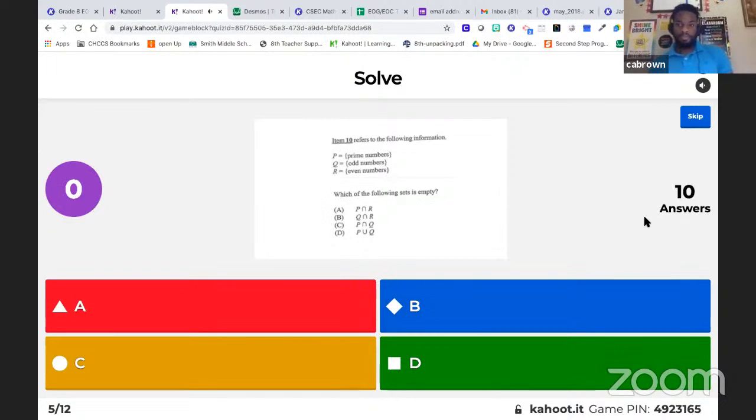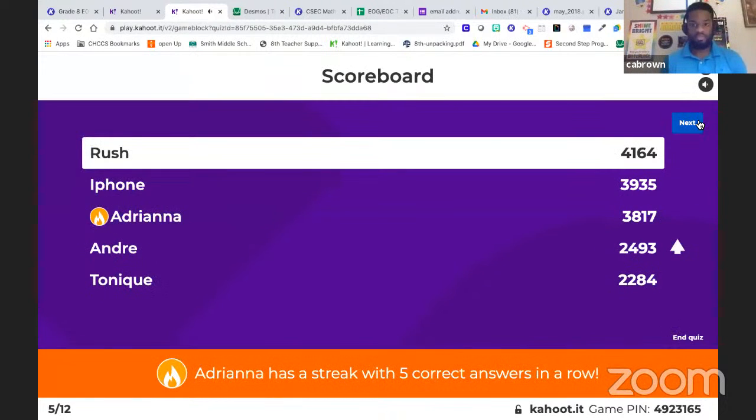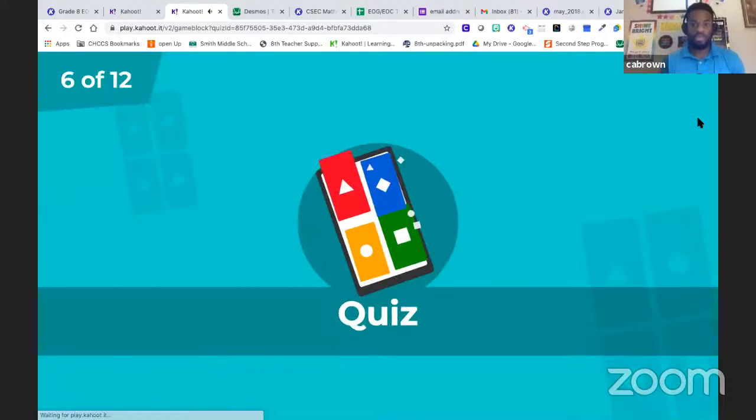The odd numbers and even numbers, of course, will not have anything in common.